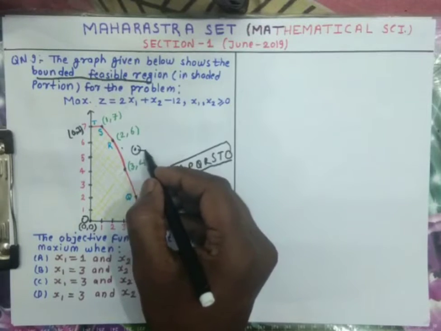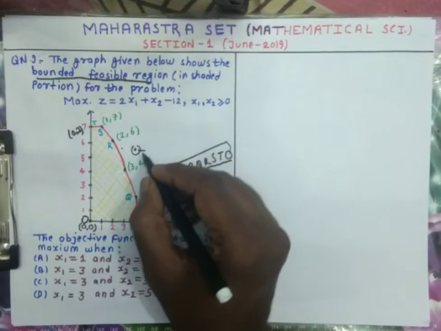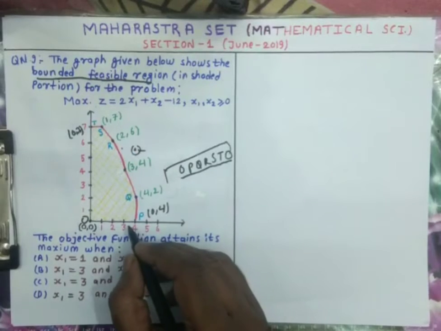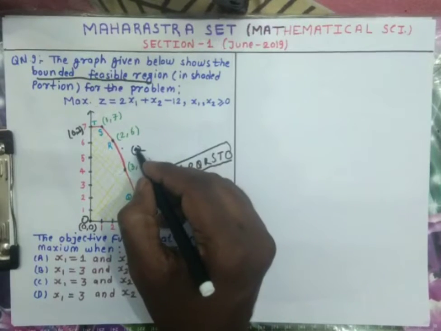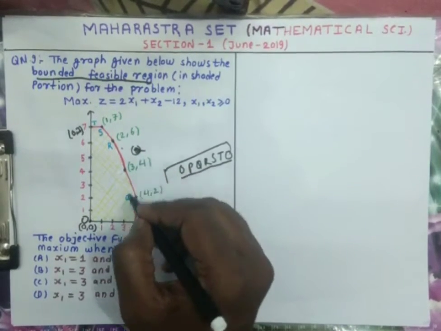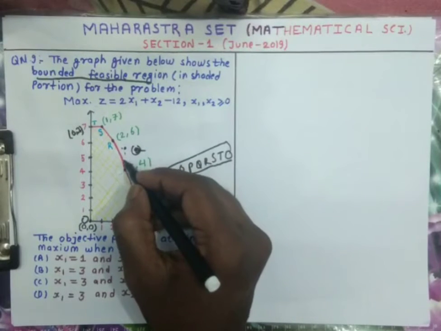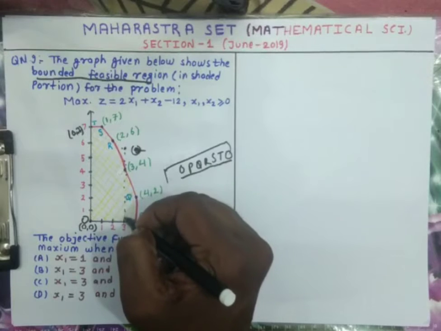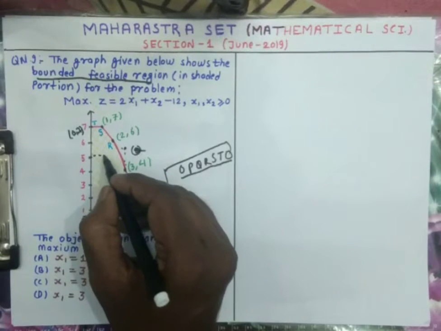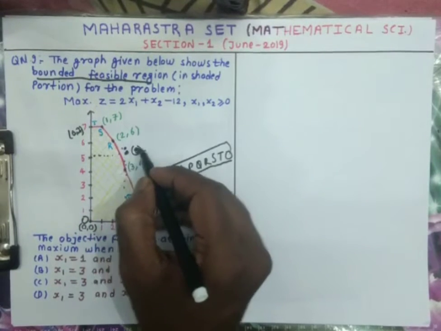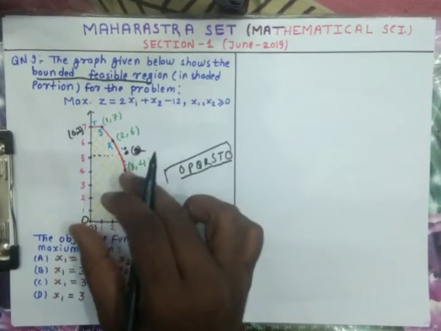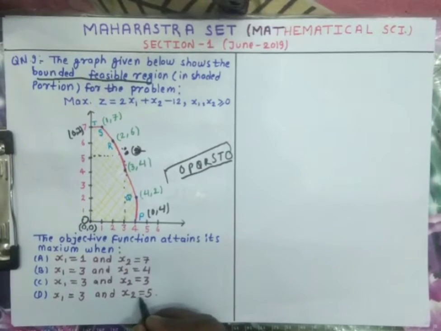This point lies outside the shaded region, so it can never give the maximum value.